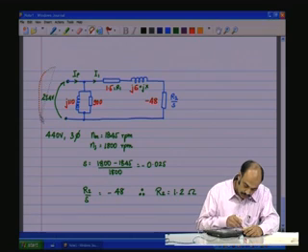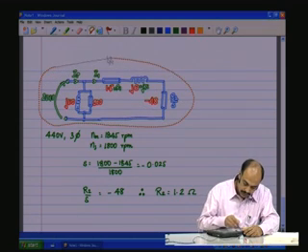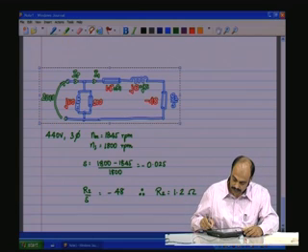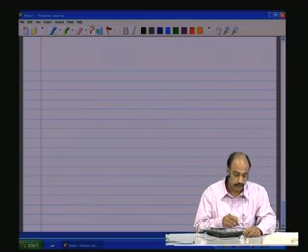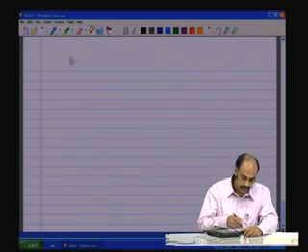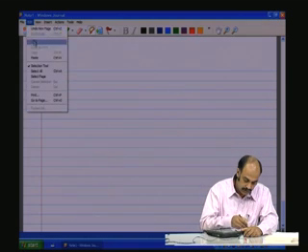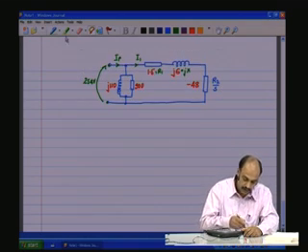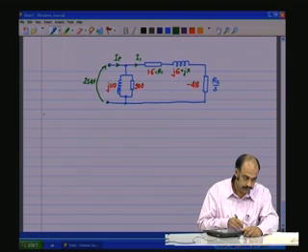Let us have this picture. We will copy it, go to the next page, and then paste it so that we have this in the background when we are working out the solution.